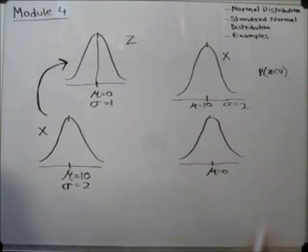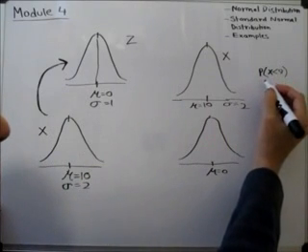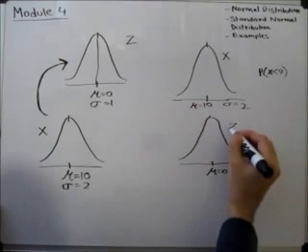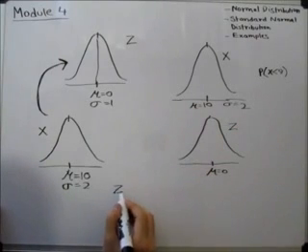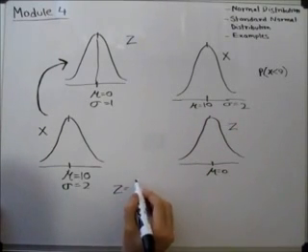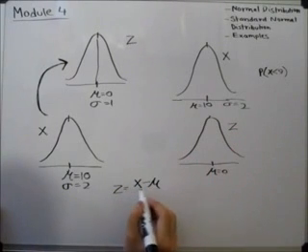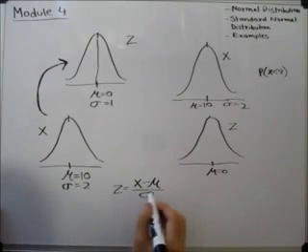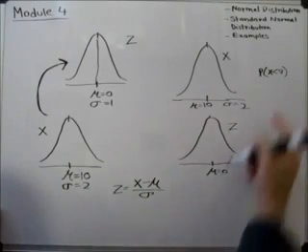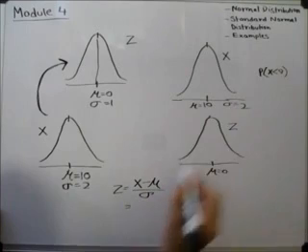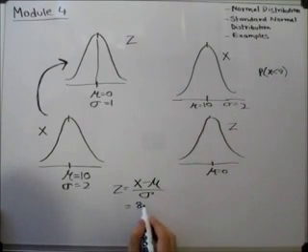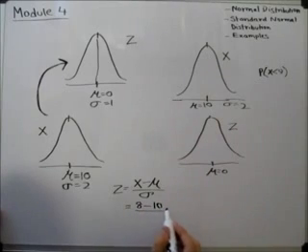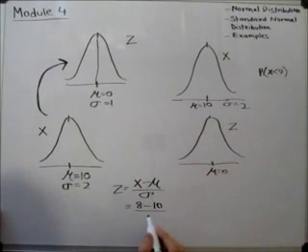So that region, the way we do this conversion to z is using the z-score formula. So it's x minus mu divided by the standard deviation. In this case, our x is 8, our mu was 10, and our standard deviation was given as 2.